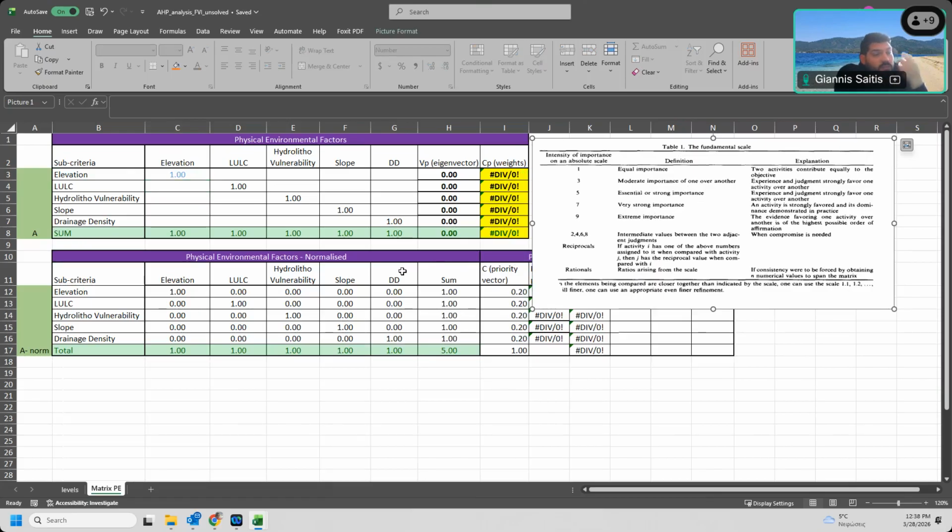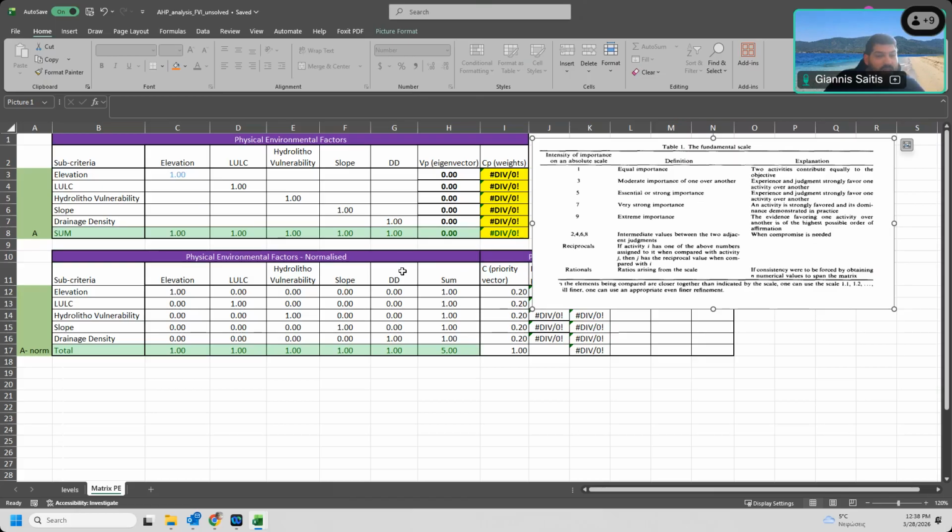Our question is flood. How much important is the elevation towards the land use land cover to get a flood?